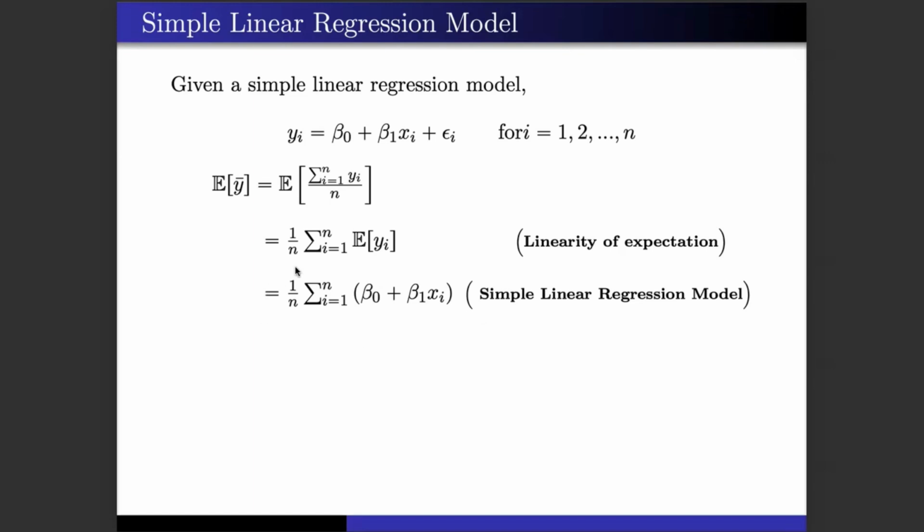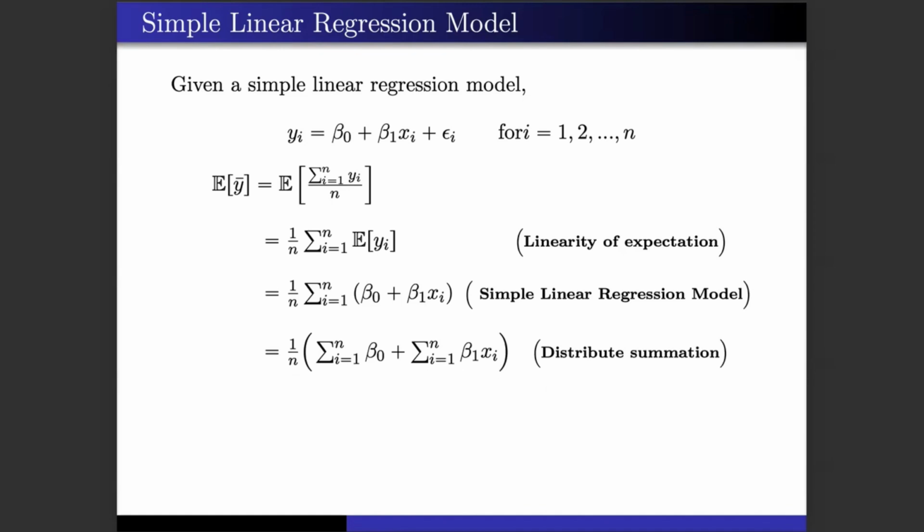And now we have that 1 divided by n summation i going from 1 to n expectation of yi equals 1 divided by n summation i going from 1 to n of beta naught plus beta 1 xi. In the next step, we distribute the summation sign over both the terms. When we do that, we get 1 divided by n times summation beta naught plus summation beta 1 xi.